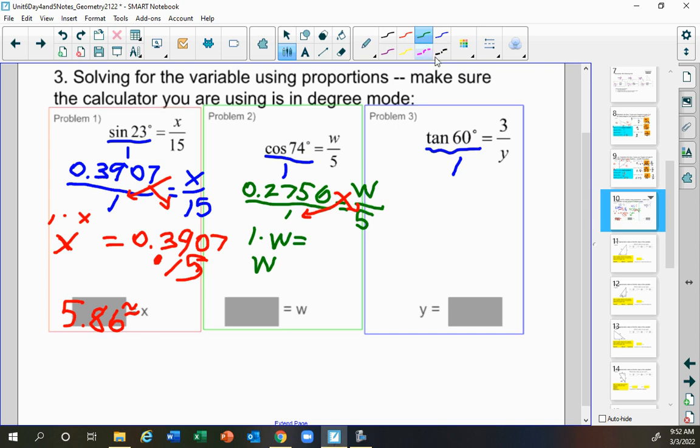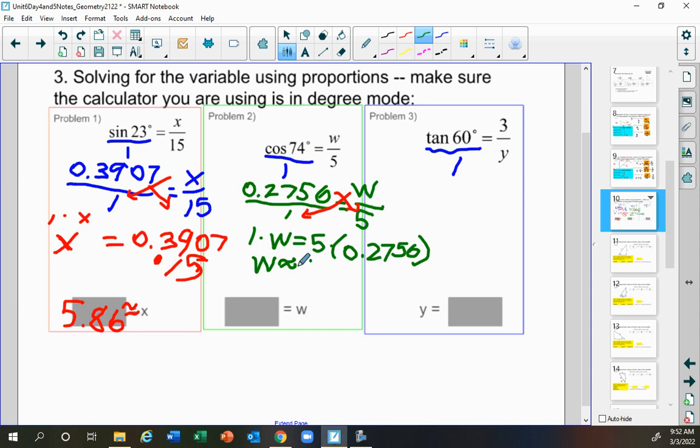Mm-hmm. So in the end, you're just doing cross multiplying. So it's going to be 5 times, and I'm going to put this one in parentheses, 0.2756. And then as Catherine said, it was about what number again? 1.37.